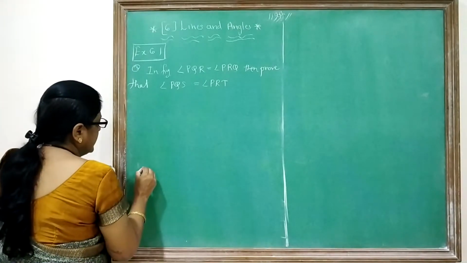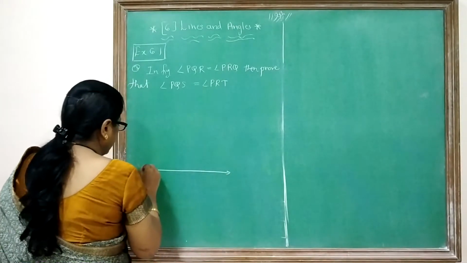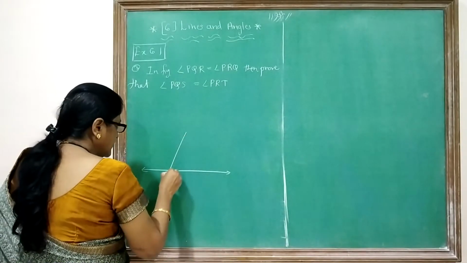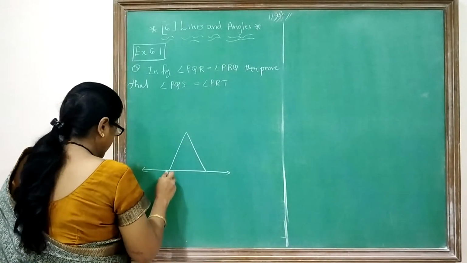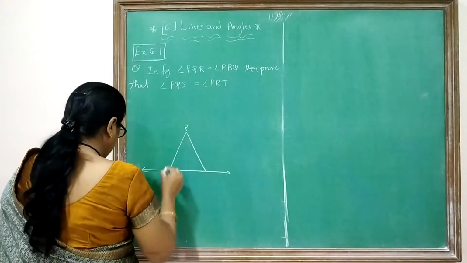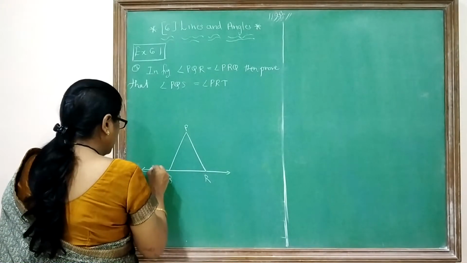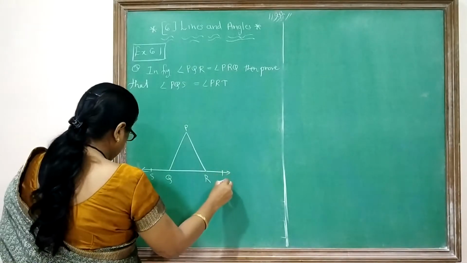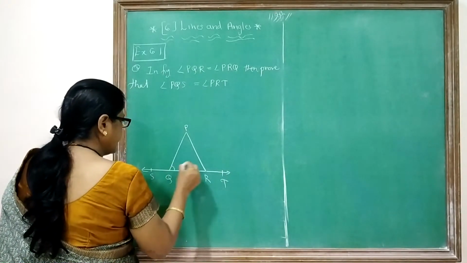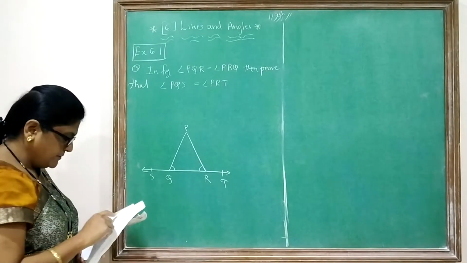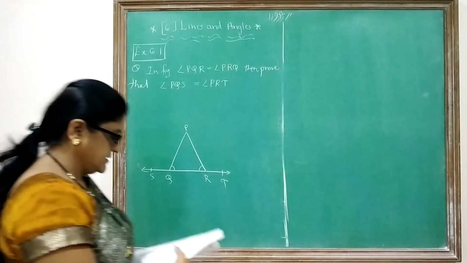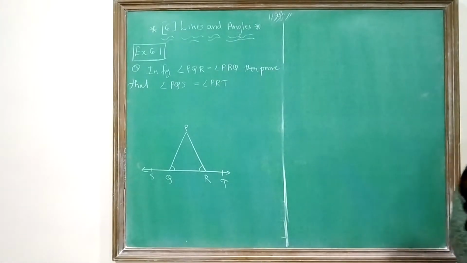Then your diagram is this type. This is also given in your textbook. This is P, this is Q, this is R, and this is S, and this is T. Again you will see PQS and PRT. This is your given diagram.